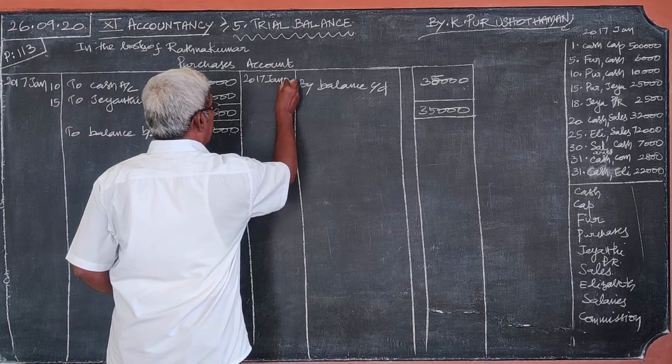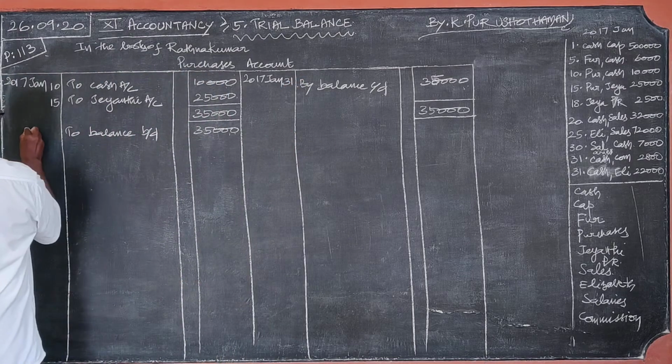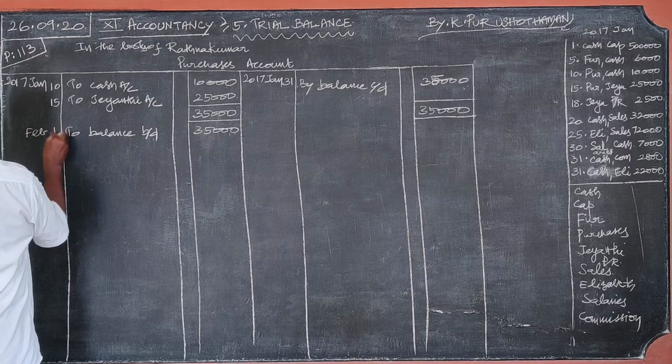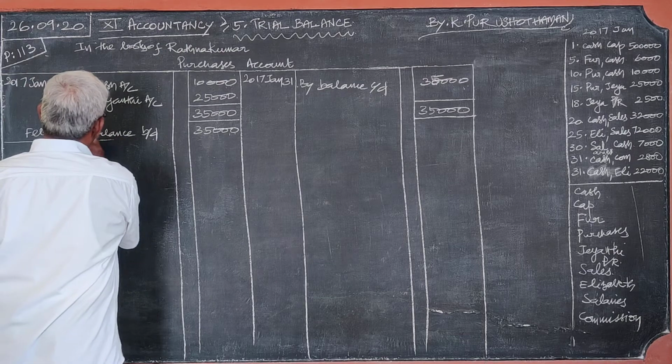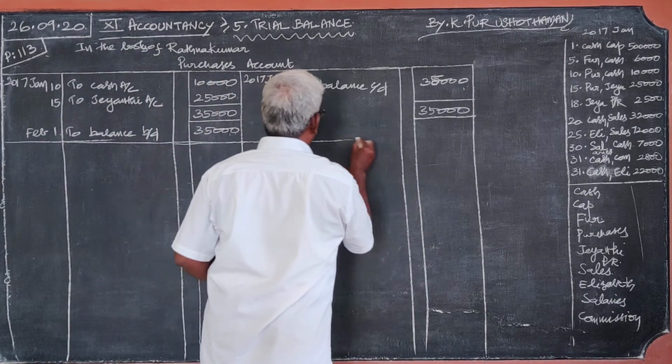Here the last date of the month for carried down, next month's first date for brought down. This ledger is over. We shall pass on to the next ledger.